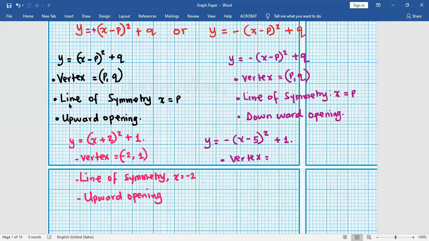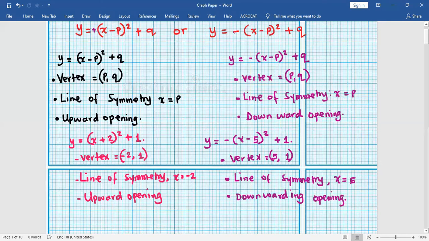So whenever you have a minus here, you write it as a plus. So we write it as (5, 1). So that will be the vertex. And of course, the line of symmetry will be at x equals 5. And we know that it is downward opening, because we see that the coefficient of x is negative.